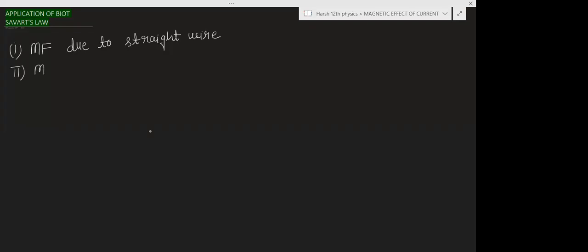After that, we have the application of Biot law. With the help of Biot law, we will calculate the magnetic field due to a circular wire. And thirdly, we will discuss magnetic field due to a circular arc.